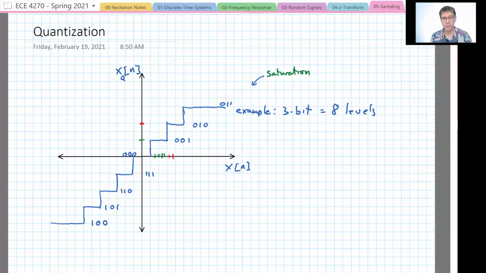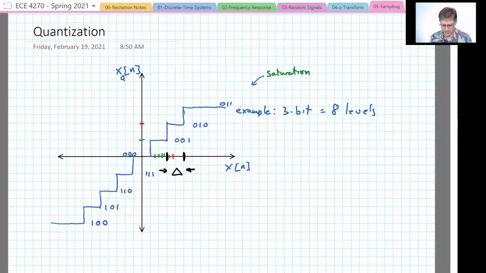But first we need to introduce a few other things. First is the space between quantization levels, which is just labeled with a capital delta.